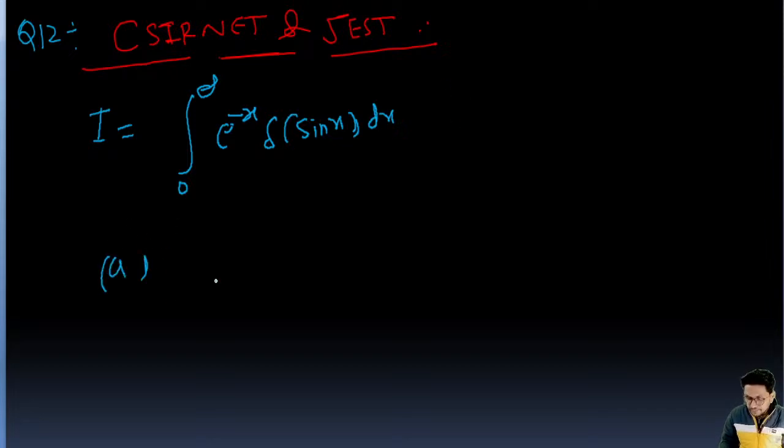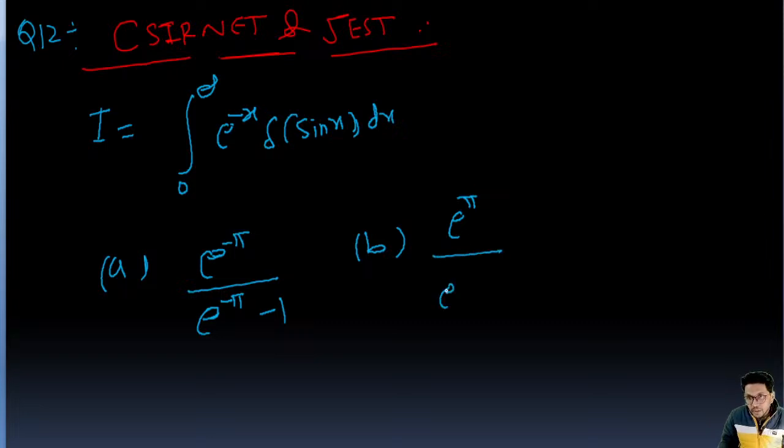Option A is e to the power minus pi into e to the power minus pi minus 1. Option B is e to the power pi upon e to the power pi minus 1. Option C is e to the power pi, and option D is e to the power minus pi.